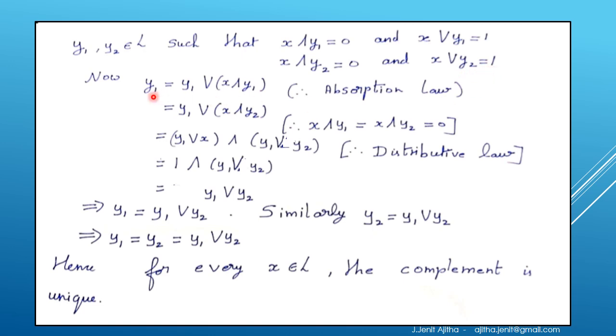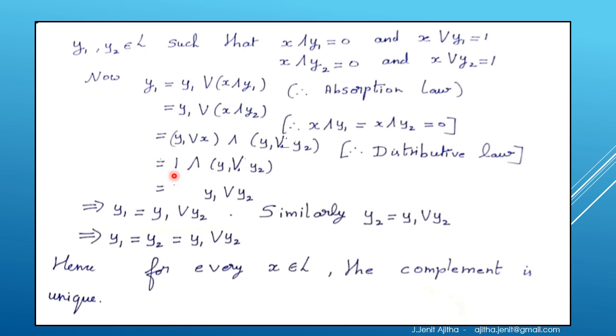Now, by the absorption law, y1 can be written as y1 join (x meet y1). And you can replace x meet y1 by x meet y2 because both are equal to 0. Now apply the distributive law. So (y1 join x) meet (y1 join y2), and y1 join x becomes 1.